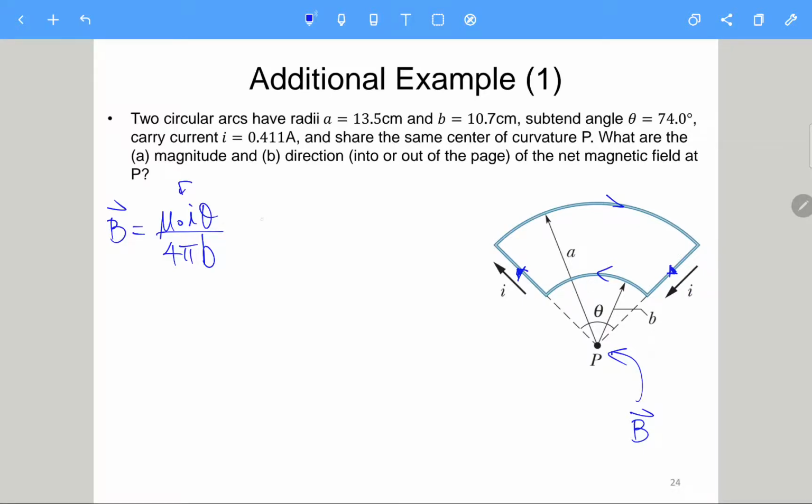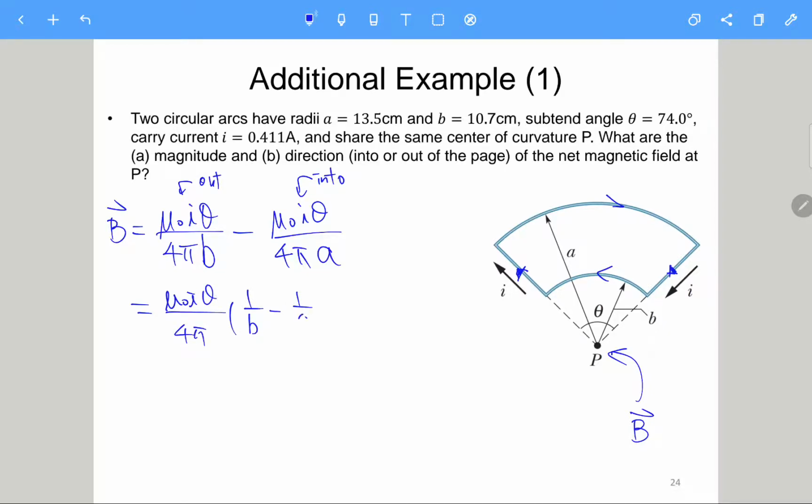The other part is into the page, which is mu0 I theta over 4 pi a. So they should be subtracted rather than added together. So we will have mu0 I theta over 4 pi times (1 over b minus 1 over a).